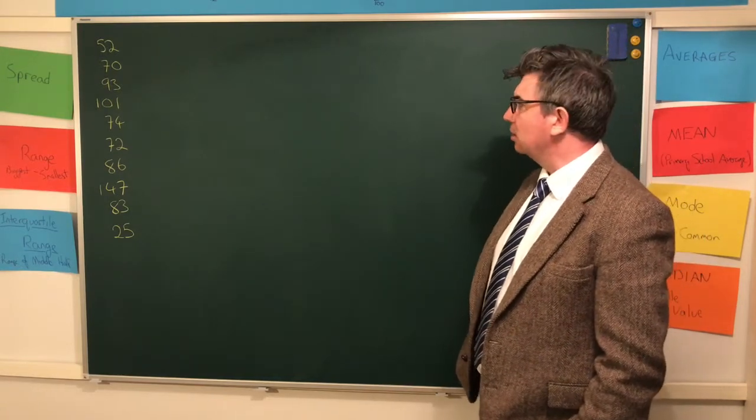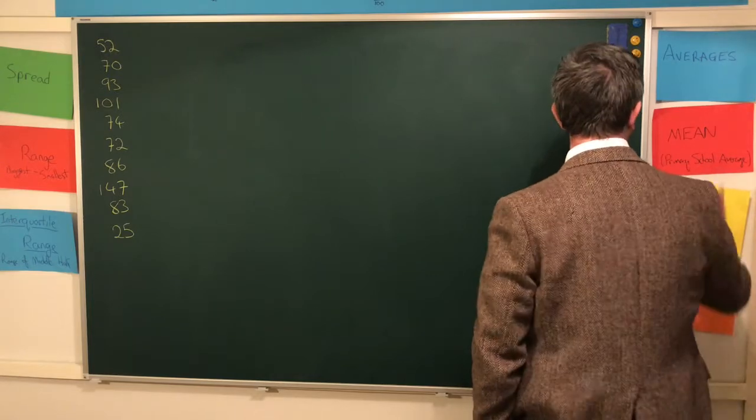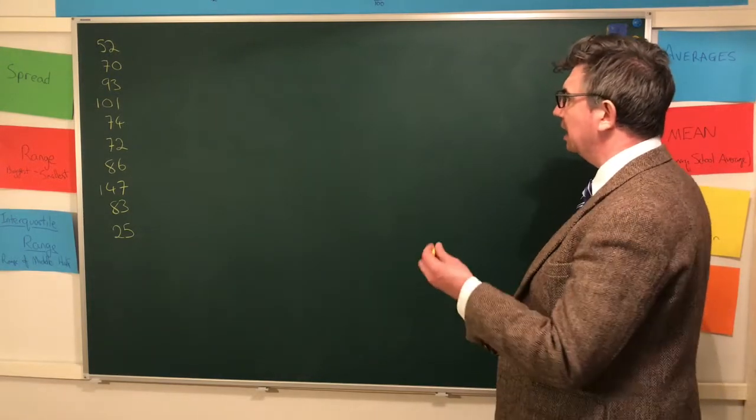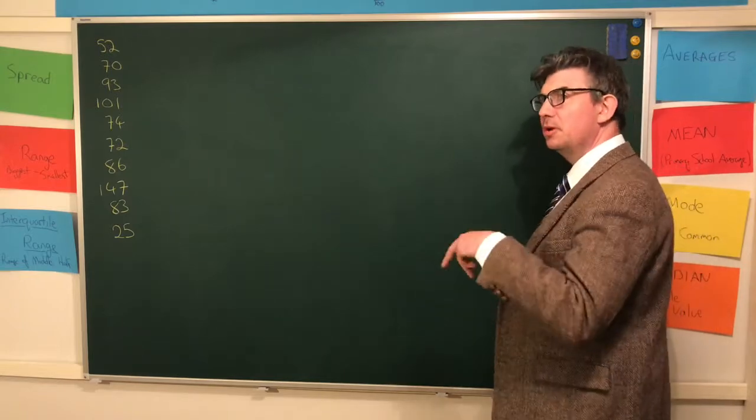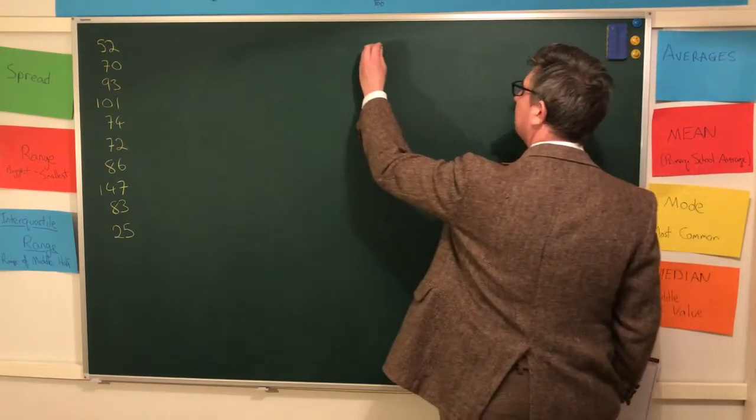The next thing we're going to take a look at will be mean. So to calculate the mean, I add them up and I divide by how many there are. Let's try and fit it in this time, so I'll write a bit smaller.